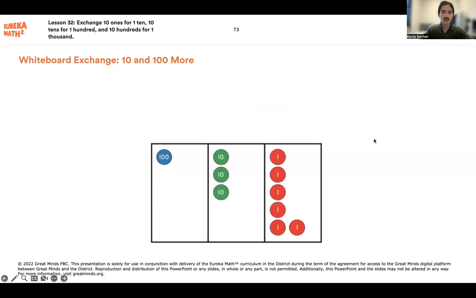Next question here. Okay, let's take a moment to count this number. What number do we have right here? Isabella? We have 136. All right, so we have 136.